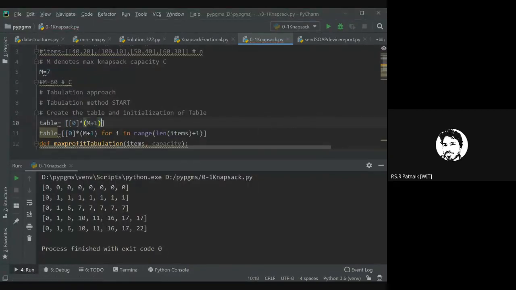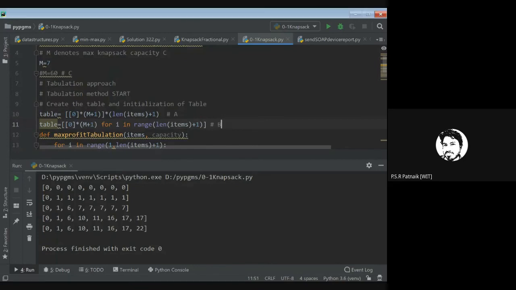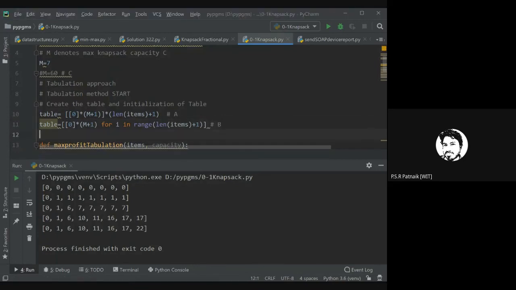And here, whatever I created, I have multiplied it by the length of this. Okay, this is what I have done there. Now there is a difference between, let us call it approach A and approach B, in the way the tables are created.